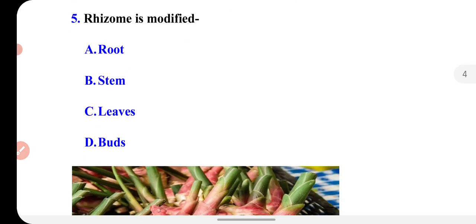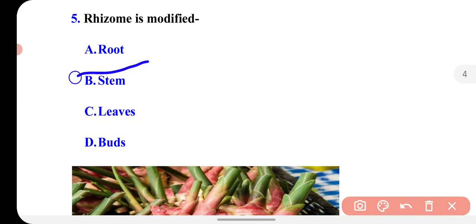Rhizome is modified... The options are root, stem, leaves and buds. Rhizome is a modified stem which is found underground. Rhizomes are modified stems found under the soil, under the ground, and these modified stems store food for the plants.